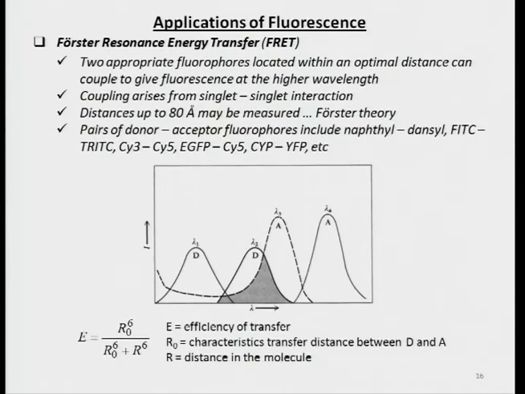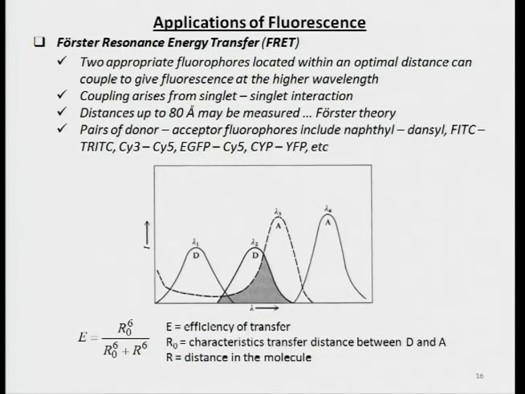When the excitation spectrum of the second fluorophore, which is called an acceptor, overlaps with the emission spectrum of fluorophore 1, which is called the donor, then when you excite the system at the excitation side of fluorophore 1, what you detect is here. You don't really detect the intermediate state. So what is happening is that the system is shuttling energy. You put in this energy, but what you get out is somewhere here. So you are actually shuttling the energy from this system to that system, and that tells a lot.